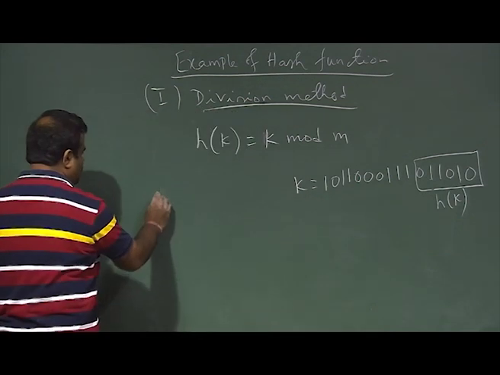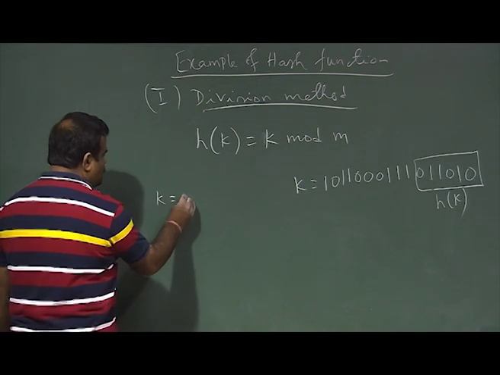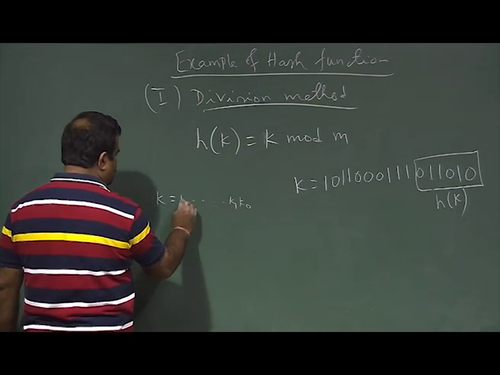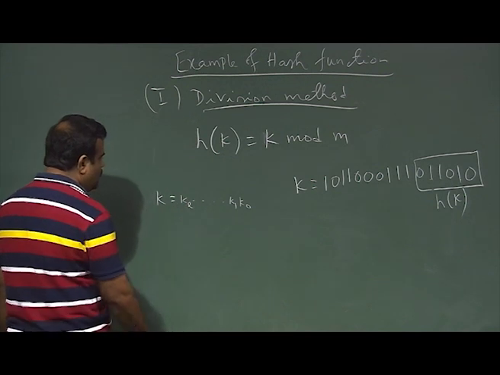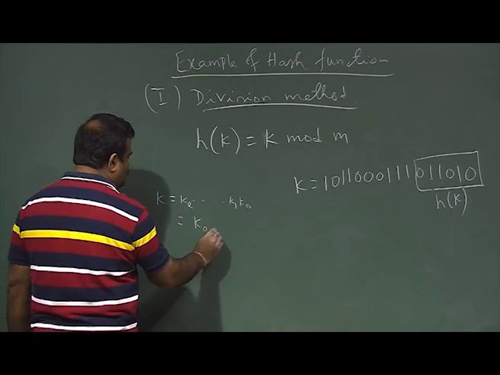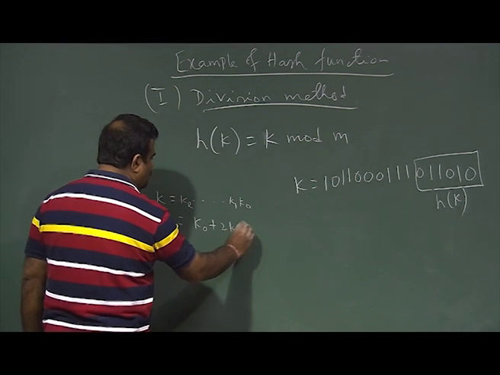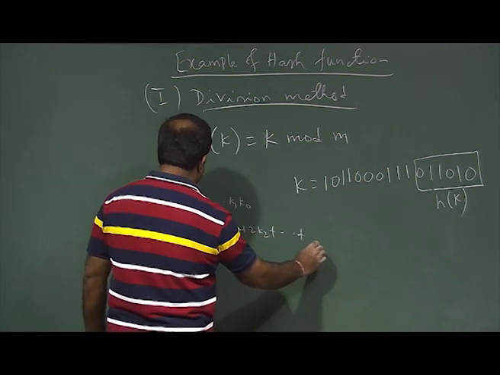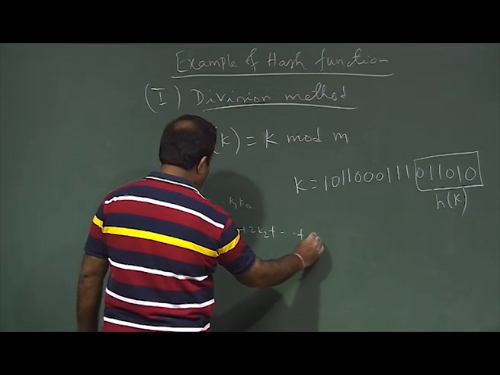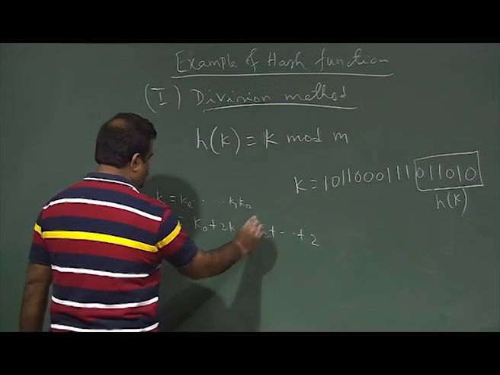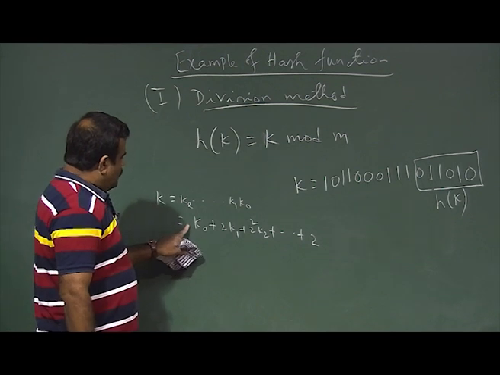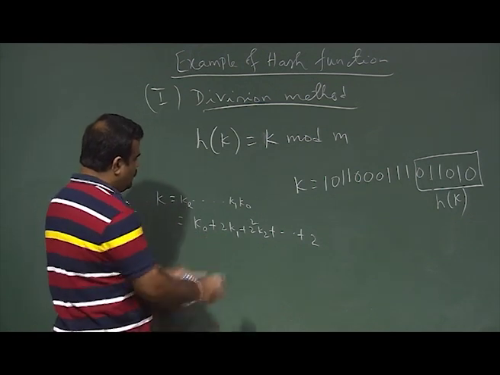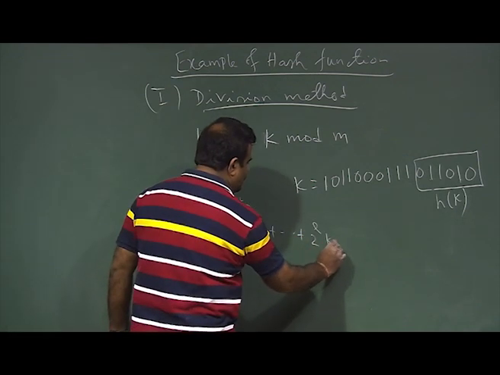If k is k0 k1 ... kl in binary, then k is k0 plus 2 k1 plus 2 squared k2, and so on, up to 2 to the power l times kl.